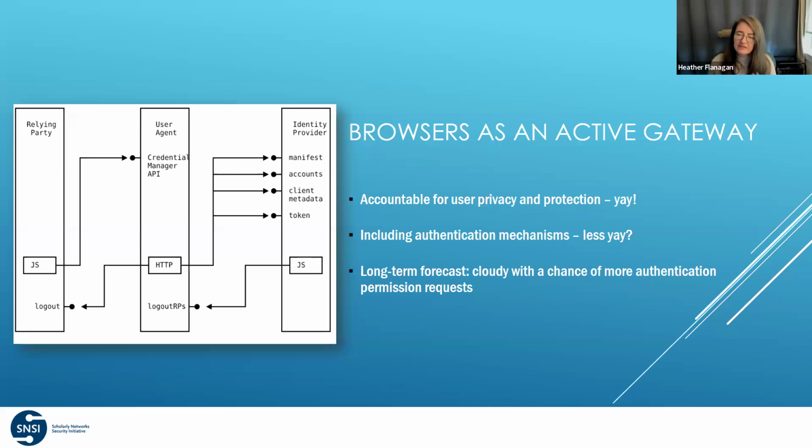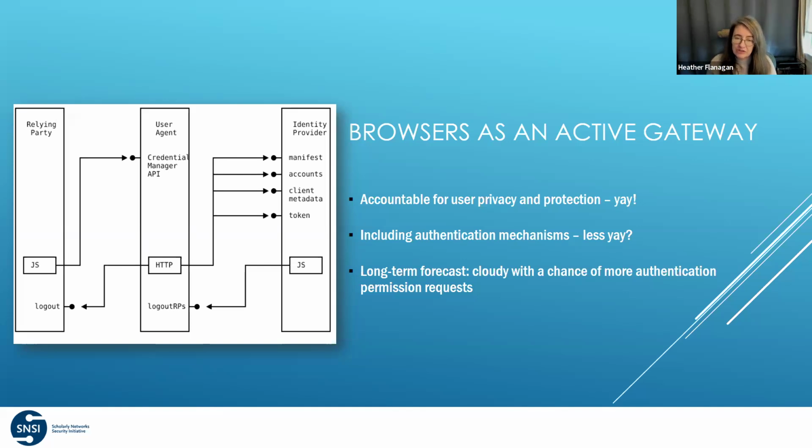So one of the biggest changes that's happening over time is in the past, when we were talking about federated access, you had your identity provider, you had your relying party, and they would talk to each other, and the browser was just sort of this window that things would pass through without actually touching anything involved. It was really just to make sure that things were displayed properly on your screen.